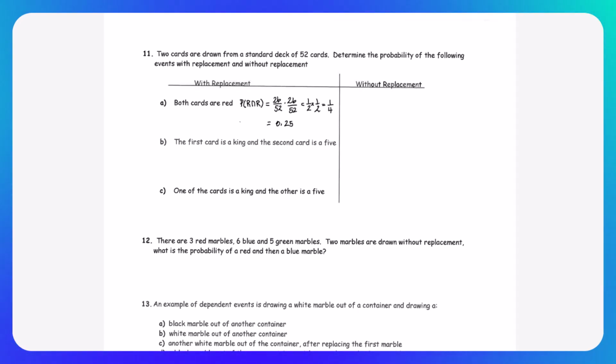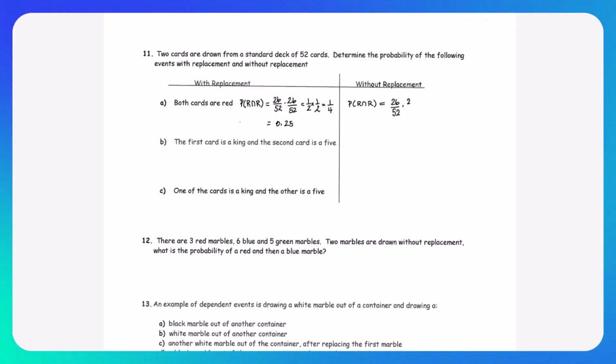Okay. Now what about if we're not replacing it? Let's say we're doing this again, but we're not replacing the first card. Well, the first probability doesn't change because there's still 52 cards in the deck and there's still 26 reds. So it's 26 over 52. But now we've already picked a red out.